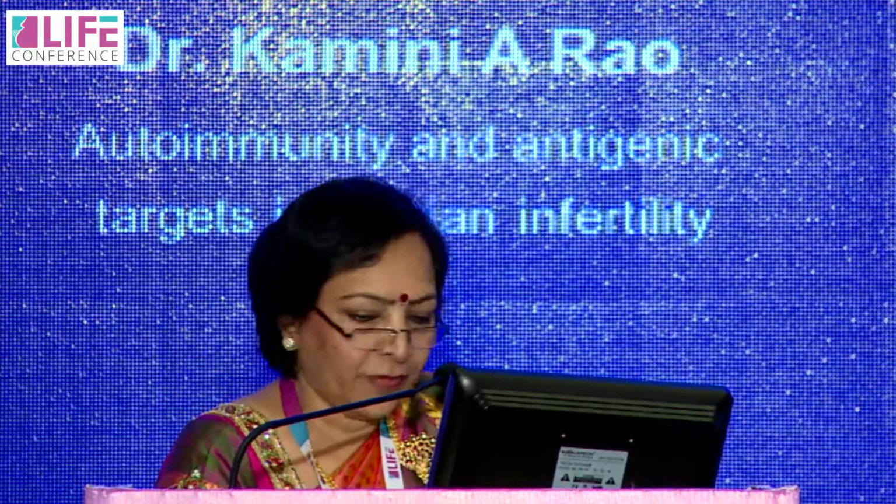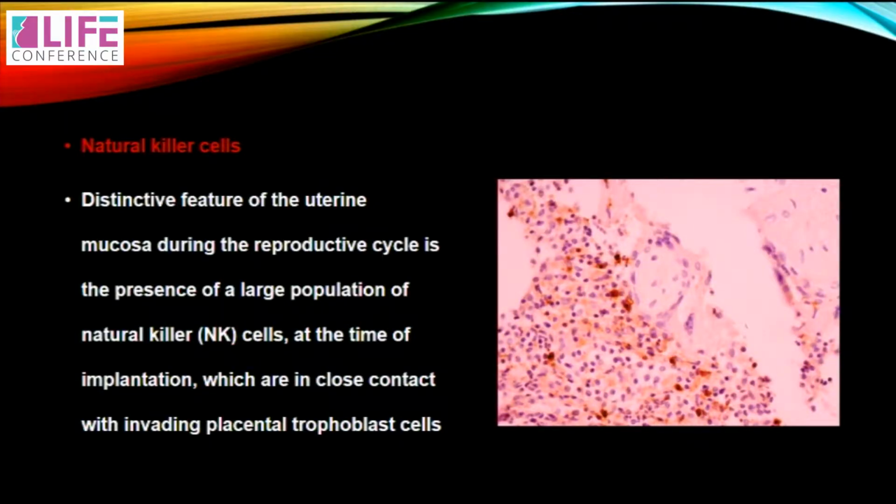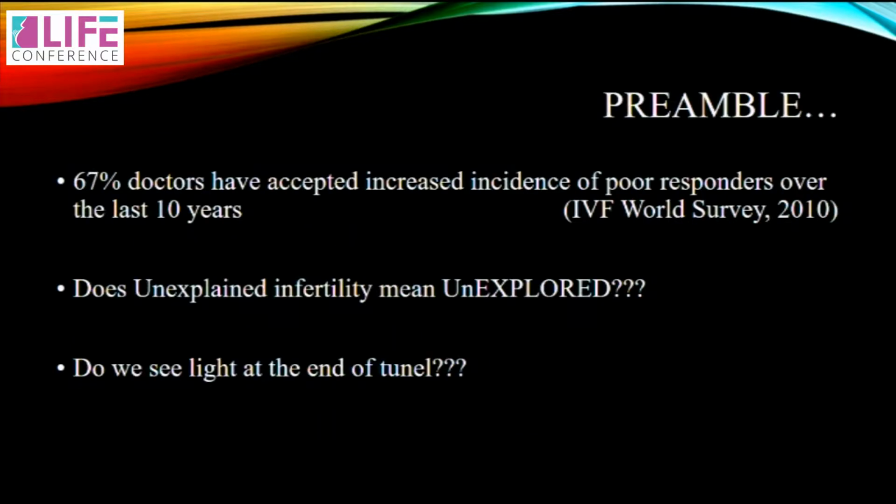So the distinctive feature of the uterine mucosa during the reproductive cycle is the presence of a large population of natural killer cells at the time of implantation, which are in close contact with the invading placental trophoblast tissues.